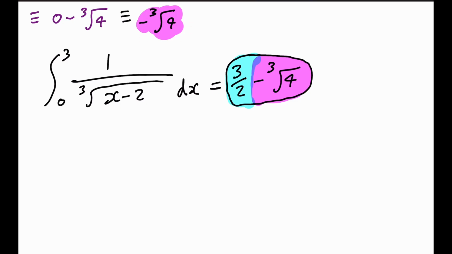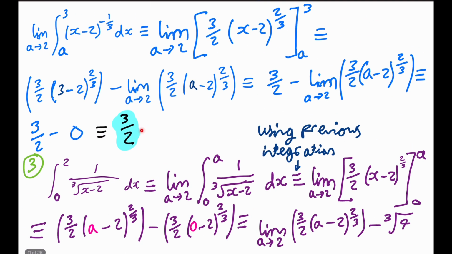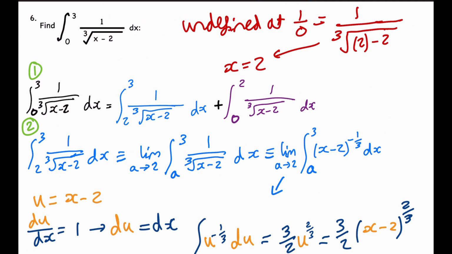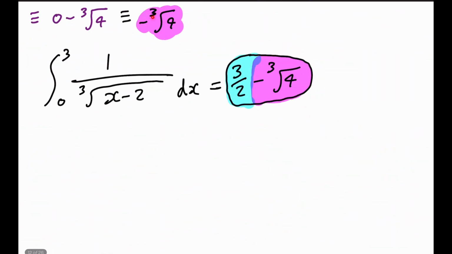So we did between 3 and 2 for the first part, and now we did between 2 and 0 for the second part. For 3 and 2, our integration was 3 over 2, and for 2 and 0, we found that it was minus the cube root of 4.